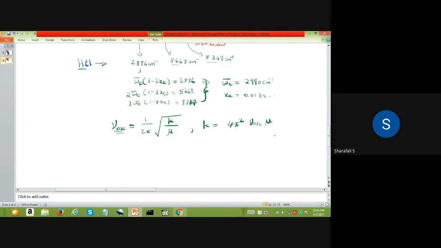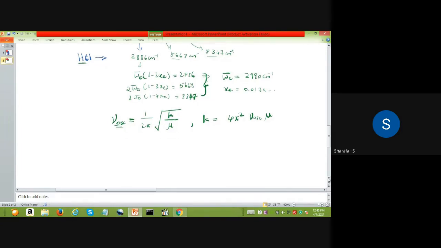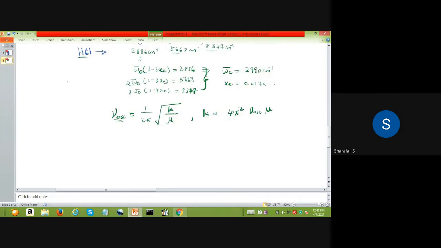Right? But what is this nu oscillation? We already know. What is that? Omega e bar. You can say this omega e bar is nothing but this nu oscillation divided by c. If you are ignoring this xe value, which is very small, the anharmonicity constant part, we are considering it as a very weak effect, which is very small.